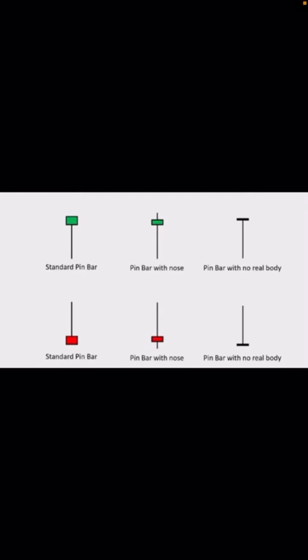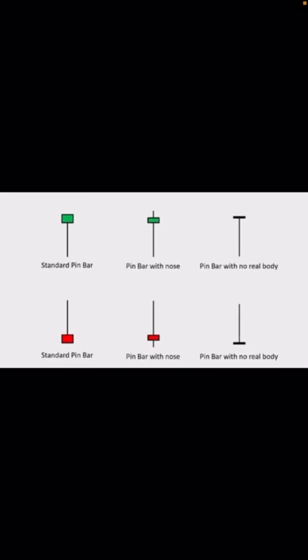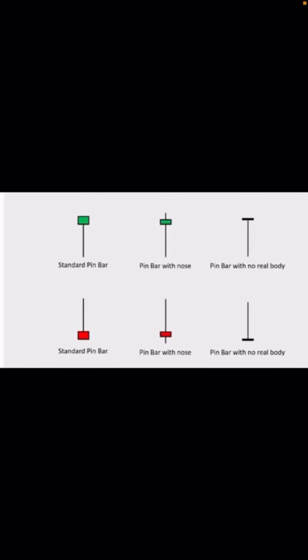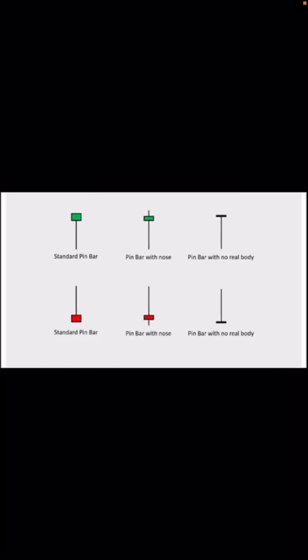Okay, look at this one, it does not have a real body. It could be bullish or bearish, whatever. You already know how a bullish pin bar looks and how a bearish one looks. So whenever you see this pin bar, just know there is a rejection of price at that particular level. That is just the interpretation of that particular candlestick.